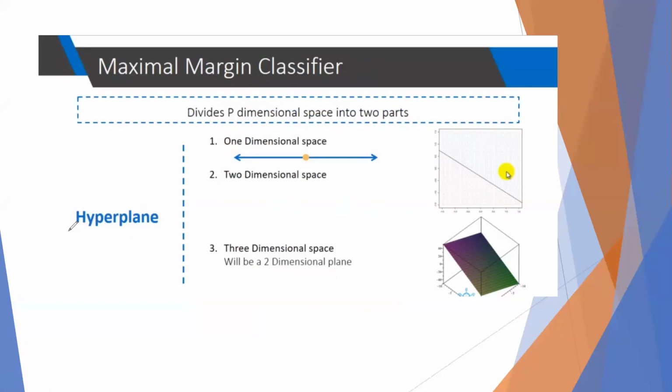So this is the hyperplane that is shown in this diagram, and this is the linear support vector that is shown in this diagram. Support vector basically is the point that we are looking for that can divide our data into two different parts.